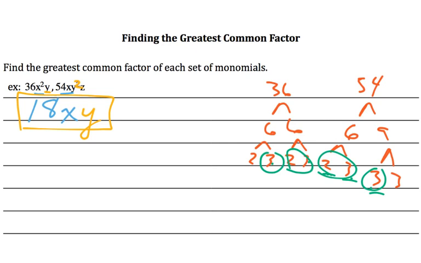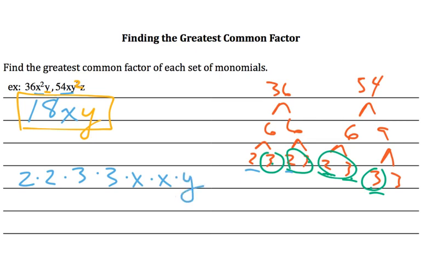Just for grins, let's do this the longer way. So let's say I dealt with 36x squared y first, and I wanted to factor that out. I could look at this work here and I'd be like, well, it's 2 times 2 times 3 times 3 times x times y.